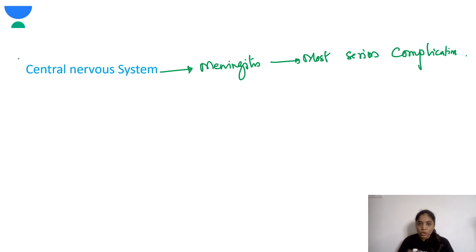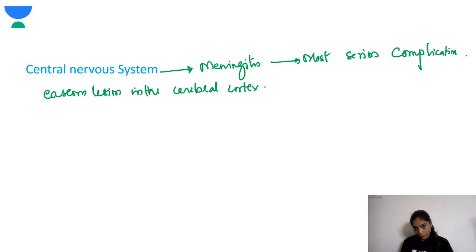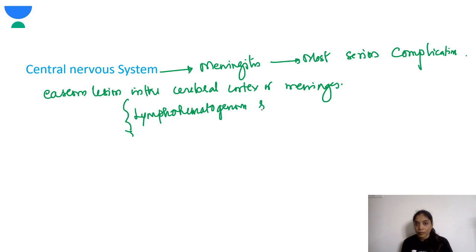There will be a formation of a caseous lesion in the cerebral cortex or the meninges. How did this caseous lesion get to the cerebral cortex? That is because of the lymphohematogenous spread.